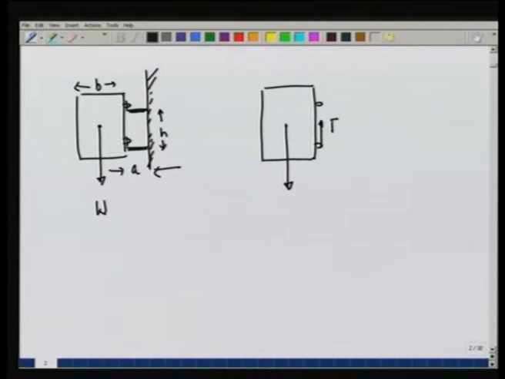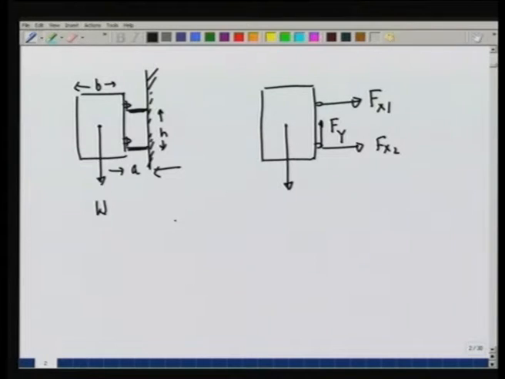So, it has a force F y pulling it up. In addition, there will be forces in this direction. Let us call these F x 1 and F x 2. These are the only forces that are there on the gate.